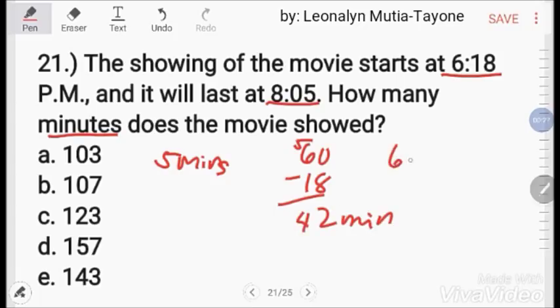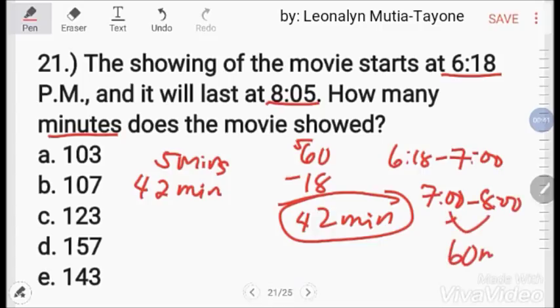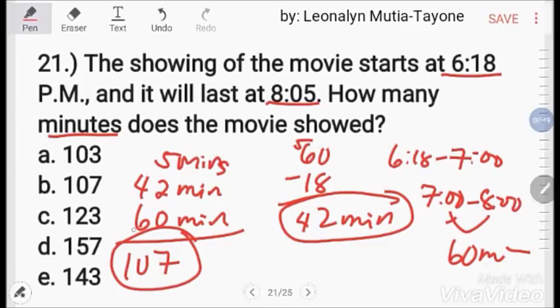So, ibig sabihin, yung 6:18 going 7 is 42 minutes. I-add mo yan, 42 minutes. Yung 7 hanggang 8 ay 60 minutes. I-add mo lahat, and this is 107 minutes. So, the answer is letter B.